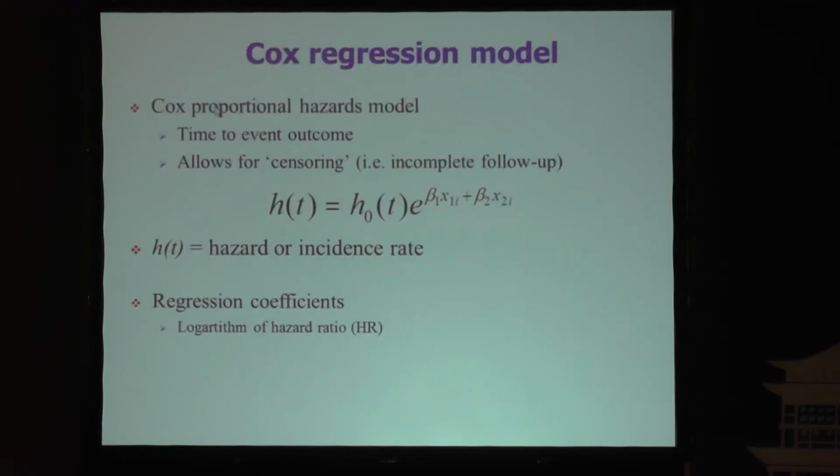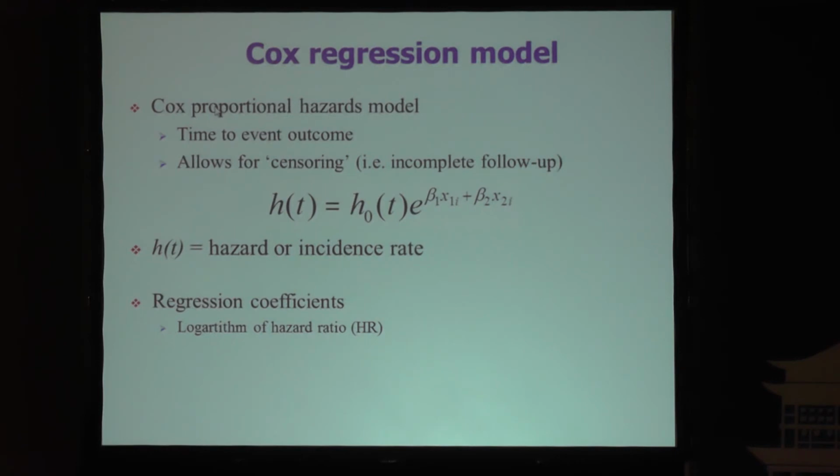The Cox model basically writes your hazard function as two components. The first one we call the baseline hazard function, h0(t), and then the other component is the risk factor effect on your main target.